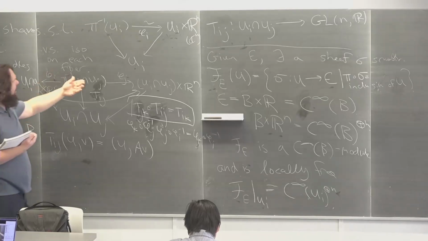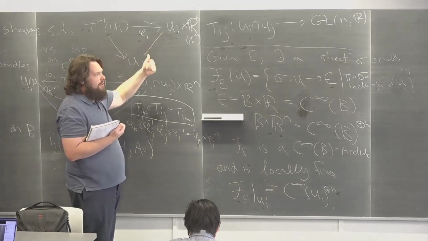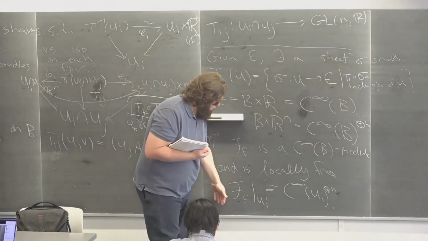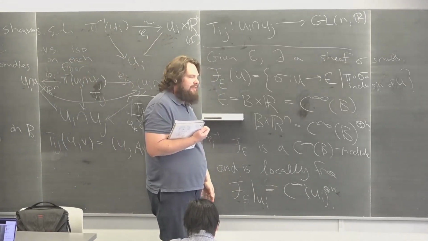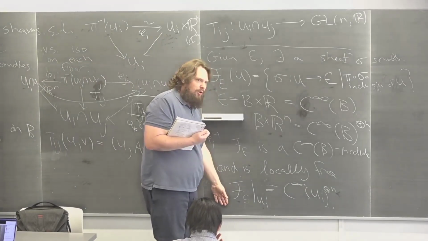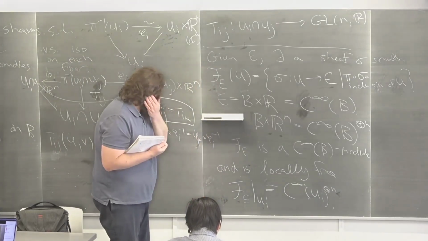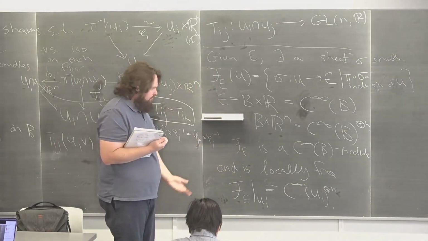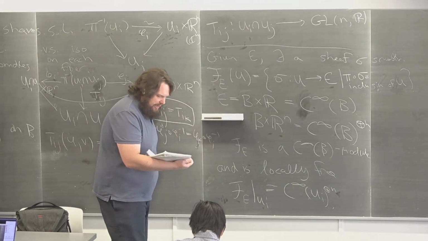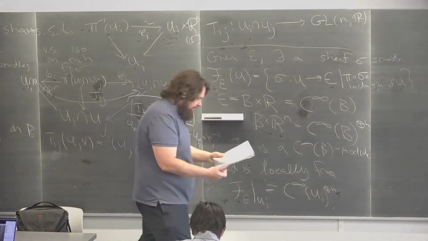So this property of local triviality of the vector bundle, when I translate it into this ring spaces language, becomes local freeness of the module. And now I say, oh, well, there's nothing special about smooth manifolds. If I have any ring space, I can think about locally free things.